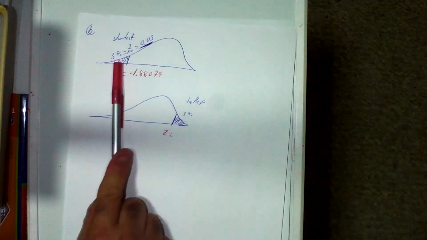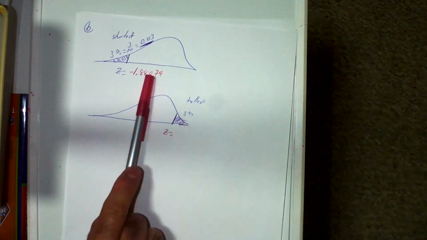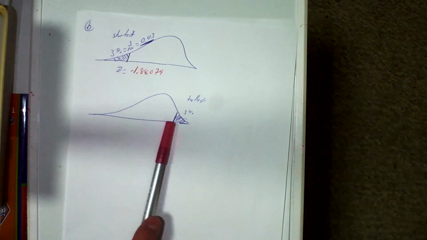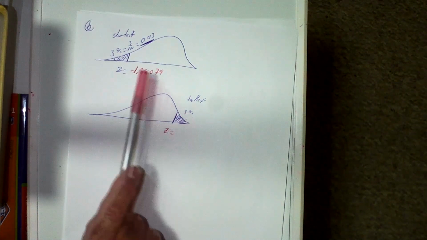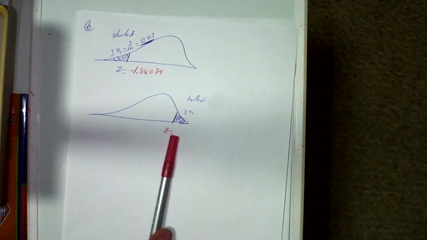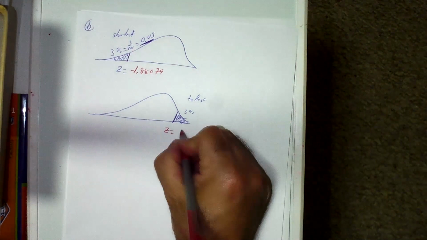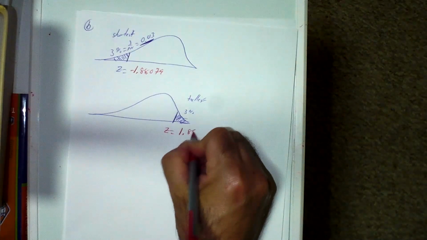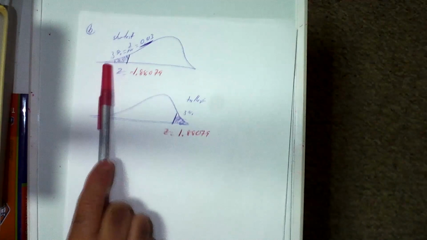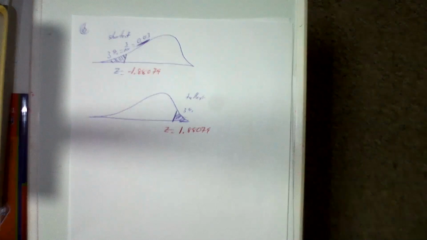This is the shortest 3%. This is the tallest 3%. What can you conclude about your Z number? They're the same but on different ends, which means this number is negative, so this one is positive. Because they're symmetrical. If this is 3%, that's 3%. The numbers have to be the same but with opposite signs. So there's your tallest.